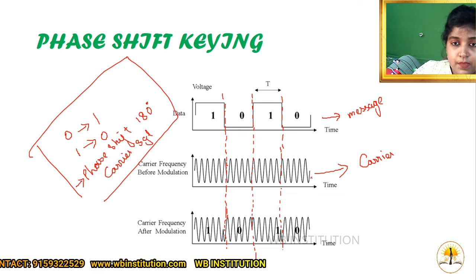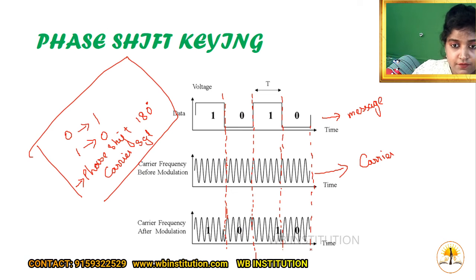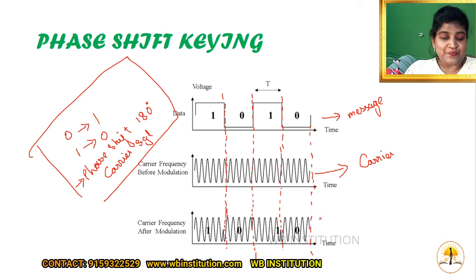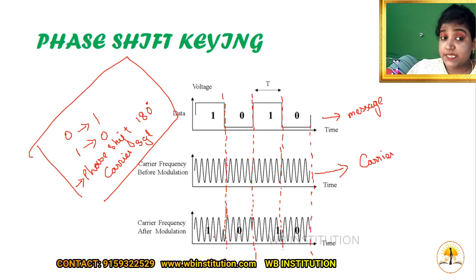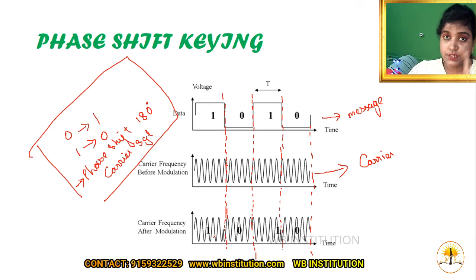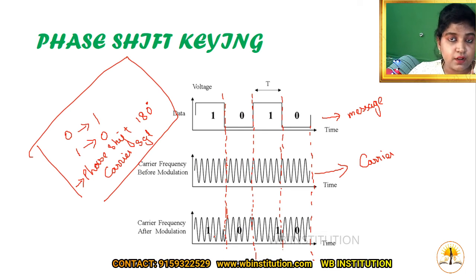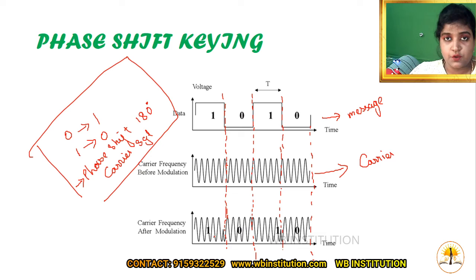This is again your zero segment. What have we stated? When there is a transmission from 0 to 1 or 1 to 0, there is a phase shift in the carrier signal of 180 degrees. That is your mantra.